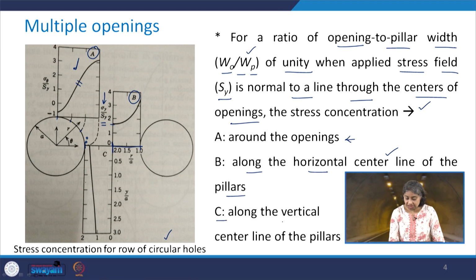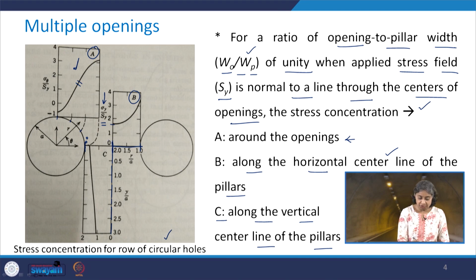Then the third one is along the vertical center line of the pillar. This is the width of the pillar, and you draw the vertical center line, and see how the variation looks as you go in the vertical direction.